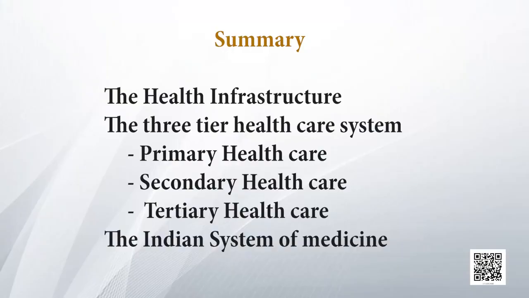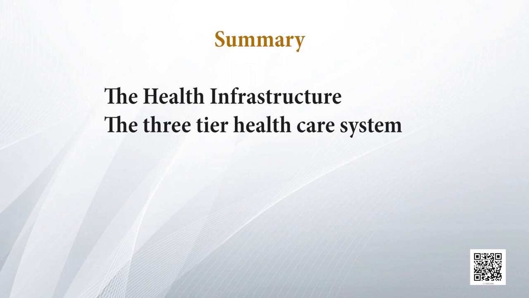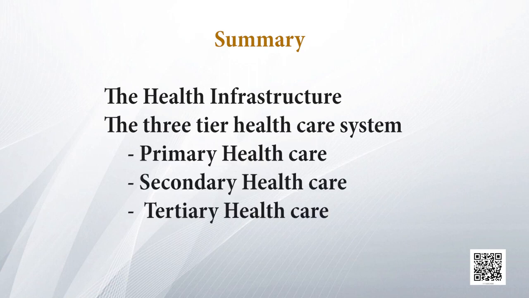So this is where we end our chapter. In this part, we discussed health infrastructure, in which we discussed many services that are being provided to the public. It actually refers to the process of growth and development to improve the quality of manpower by providing them quality health services. Then we discussed the 3-tier healthcare system, under which we discussed primary, secondary and tertiary healthcare.